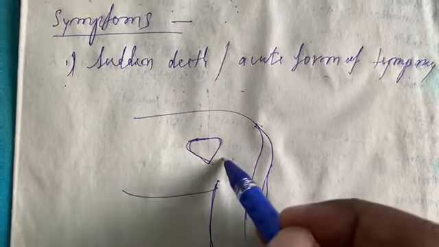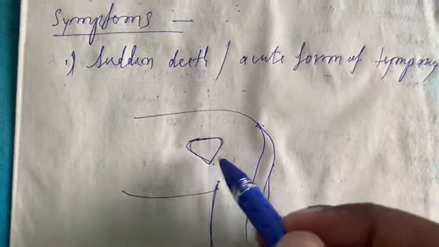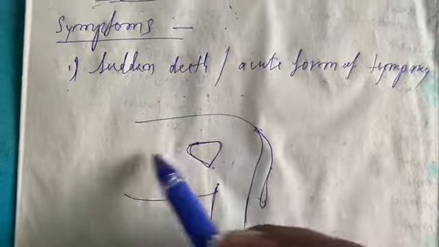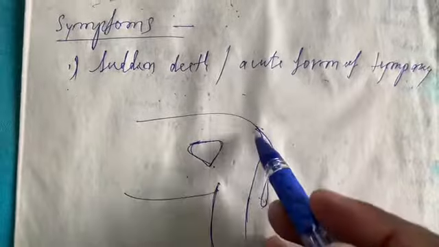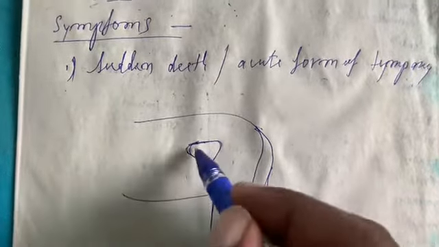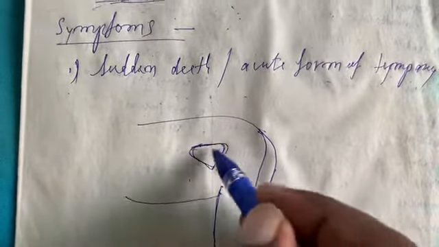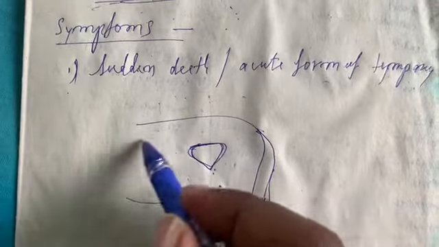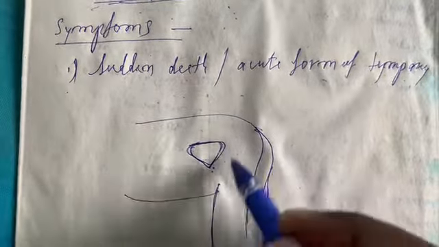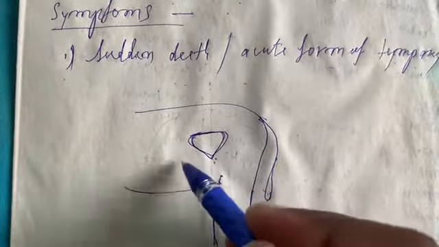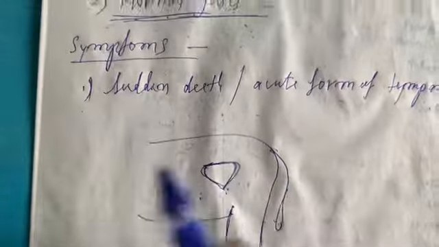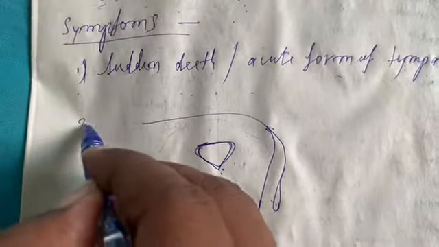When you see carefully, you will find that the flank region and abdomen of these animals become enlarged. This is the second symptom of this disease.